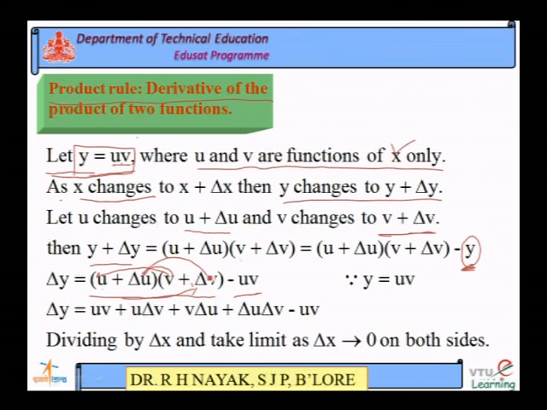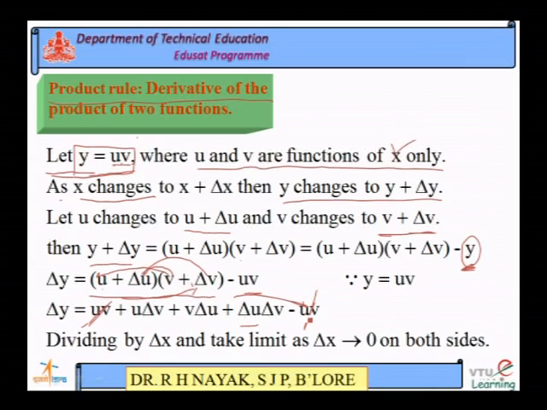It becomes delta u delta v. This is taken as it is, that is minus u into v. This plus uv minus uv gets cancelled.